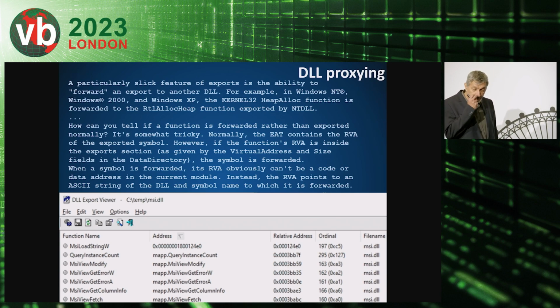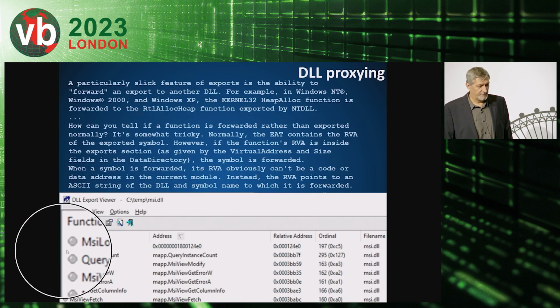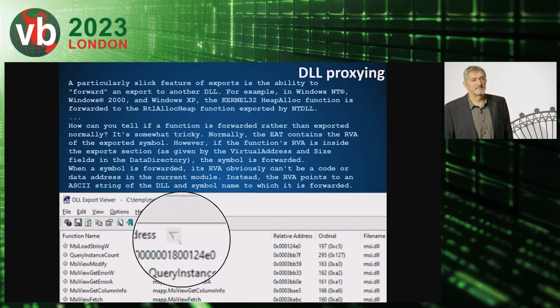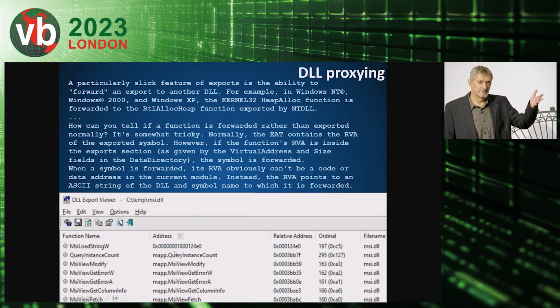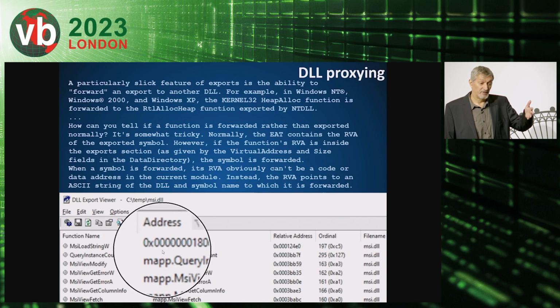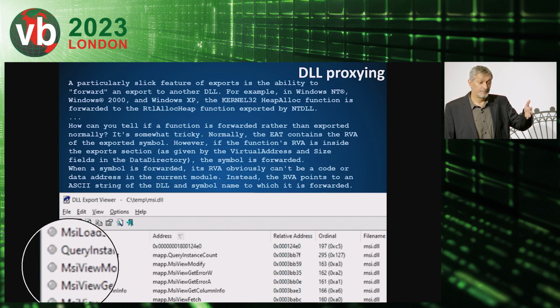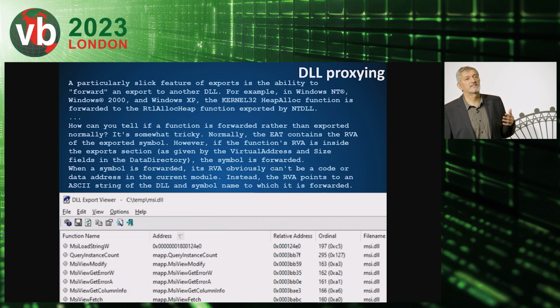So normally, when you have a DLL file that exports functionality, that would look like a function name and the address, a memory address where the functionality is actually implemented. In these cases, the export table would contain only string references for the clean DLL and the exported function from that clean DLL.